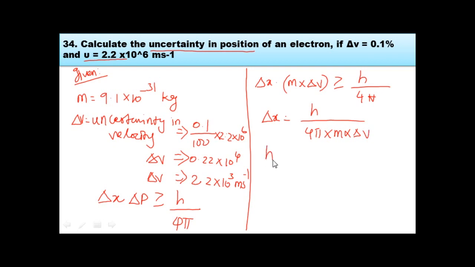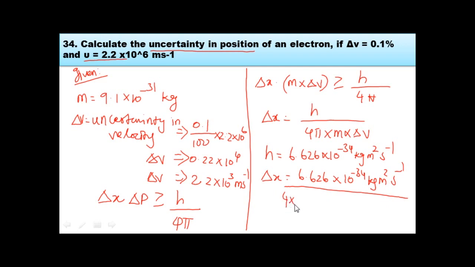We already know that h is the Planck constant, 6.626 into 10 power minus 34 kilogram meter squared second inverse. So delta X equals 6.626 into 10 power minus 34 kilogram meter squared second inverse divided by 4 into pi value 3.14 into the mass of the electron 9.1 into 10 power minus 31 kilogram and then delta V, 2.2 into 10 power 3 meter second inverse.